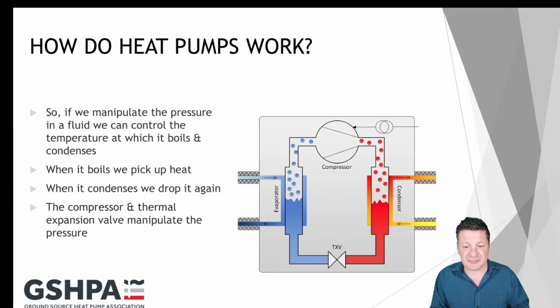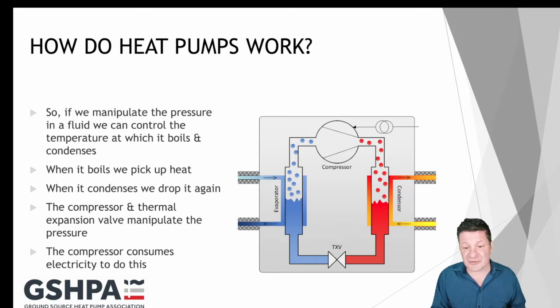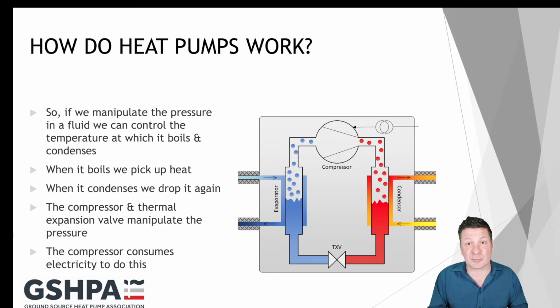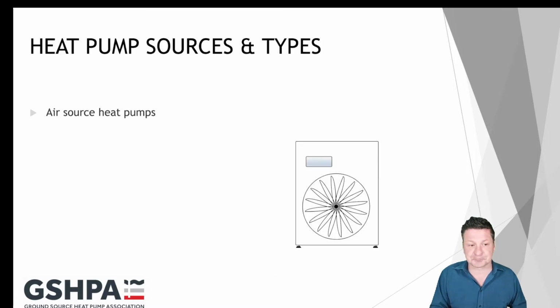The thermal expansion valve, which is the little cross at the bottom there, is really just a pinhole which keeps the high pressure on one side, and that high pressure is created by the compressor. The compressor itself consumes electricity, so it's not free energy. The laws of physics wouldn't allow it, so there is electrical consumption required to run the heat pump.